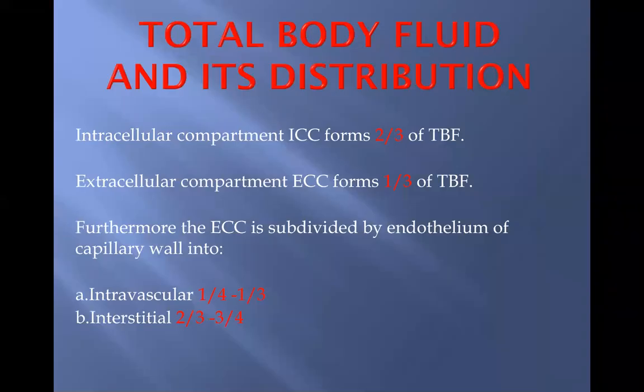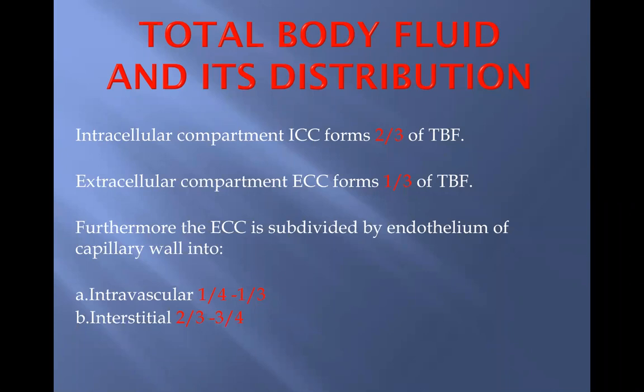Returning to the main topic, the total body fluid and its distribution in our body. The intracellular compartment consists of about two-thirds of total body fluid, while the extracellular compartment is composed of about one-third of total body fluid.